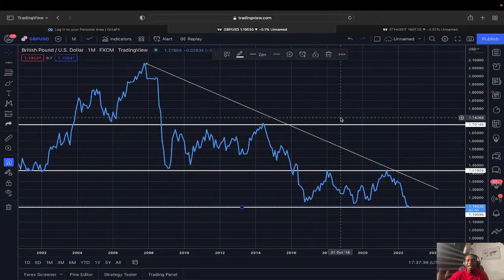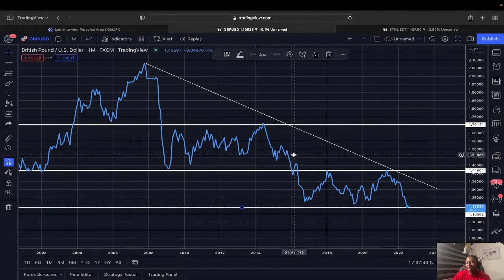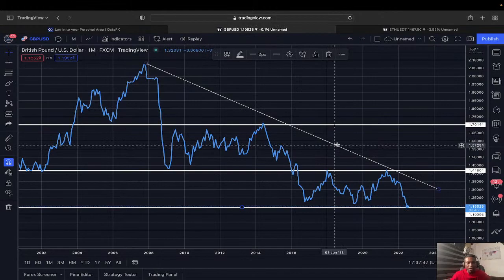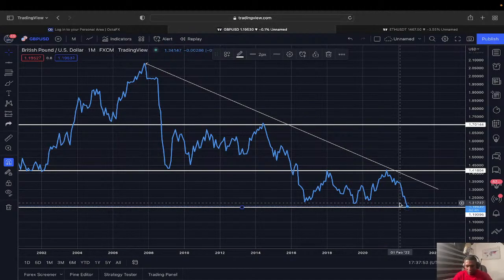Good. So we change to line chart. Why do we have to change to line chart? So that we can identify the edges that we need to place our lines and identify the right spots for the resistance levels and the support levels, guys.